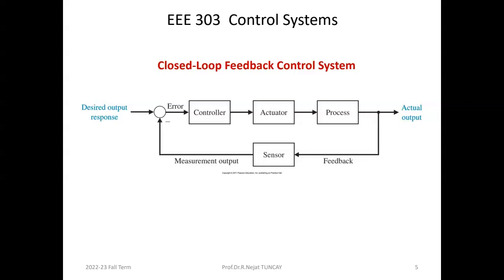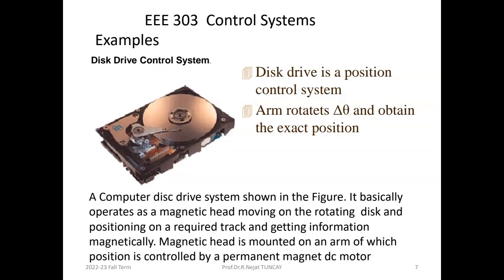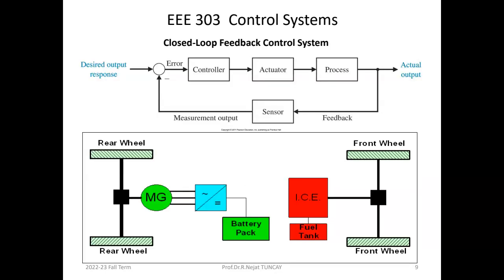These are control systems. This is a drive-derived position control system where we also emphasize that it could be a rotational or linear motion. And I also gave an example of the hybrid electric vehicle, where the front axle is driven by the internal combustion engine and the rear wheel is driven by the electric motor. And also this one is now a very hot topic. You all know that we have been working on autonomous drives for many years.